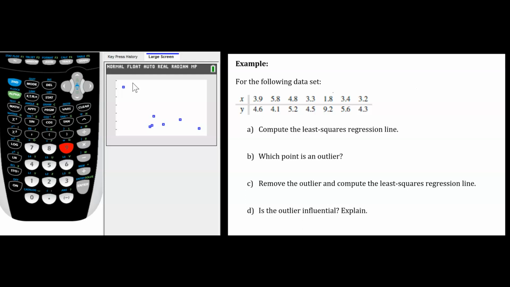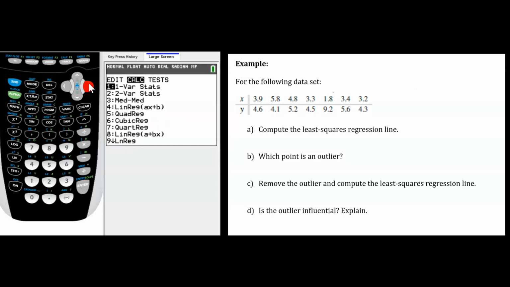But right now, let's compute the least squares regression line for this particular scatter plot. So I'm going to press Stat, go over to Calc, and go down to number 8, which is LinReg. My X list is L1, my Y list is L2. And I'm going to store the regression equation into Y1. So I press Vars, Y-Vars, Function, Y1, and then we can go down and press Calculate.